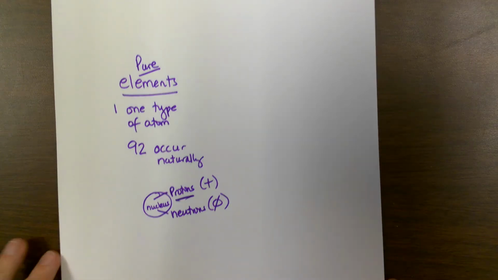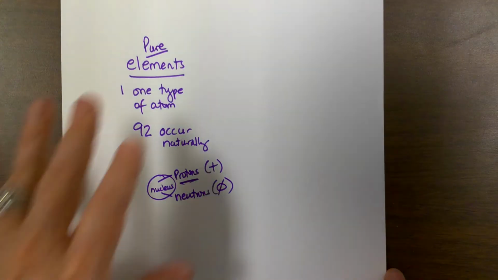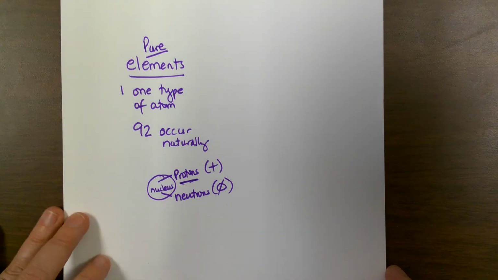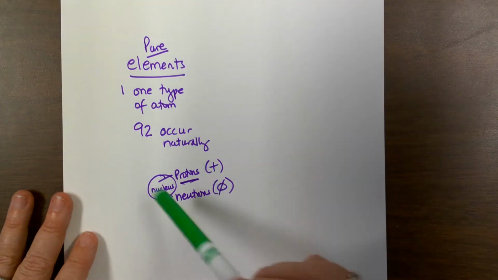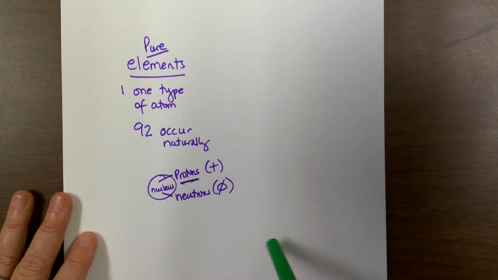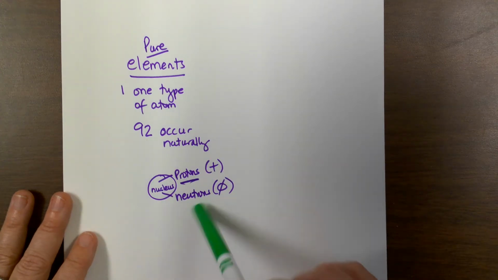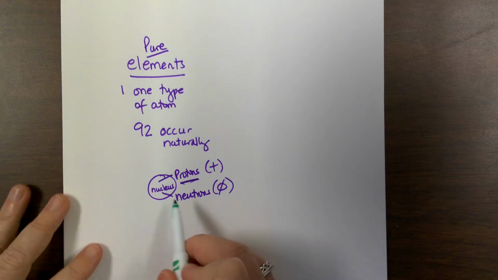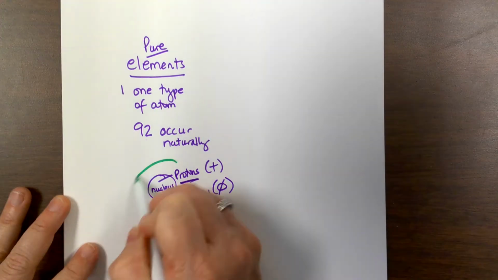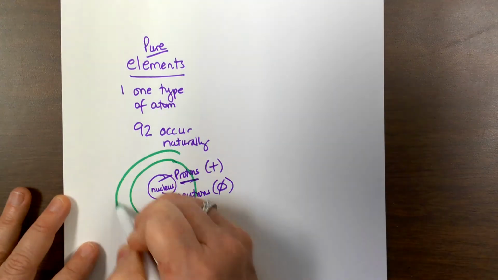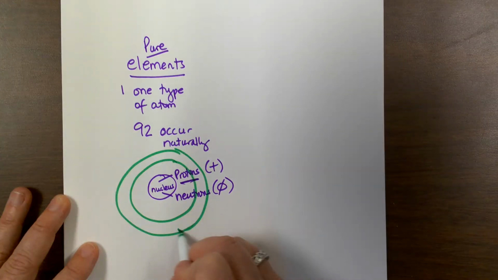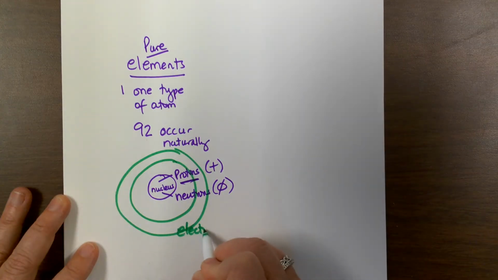So back to our discussion of elements. We sidetracked for a second, and we talked about some of the essential elements you needed, and then we also talked about some of the parts and pieces of an atom. And so we did the protons and the neutrons, and then we talked about the electrons.